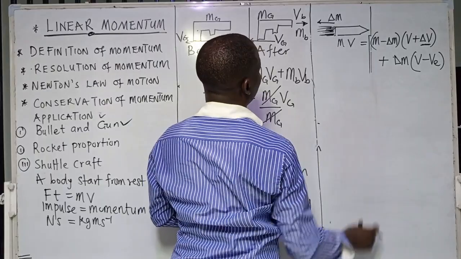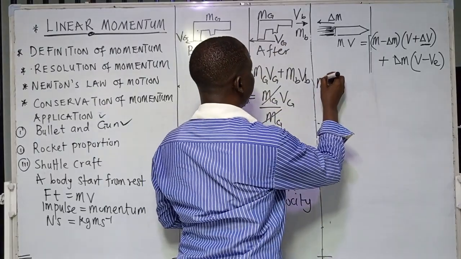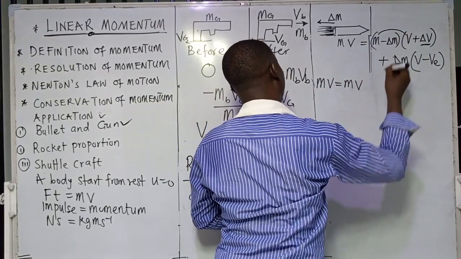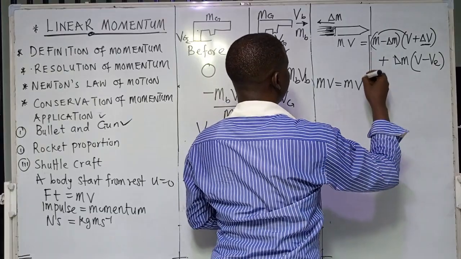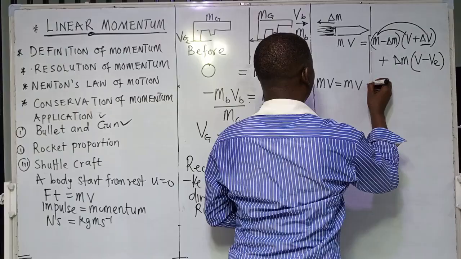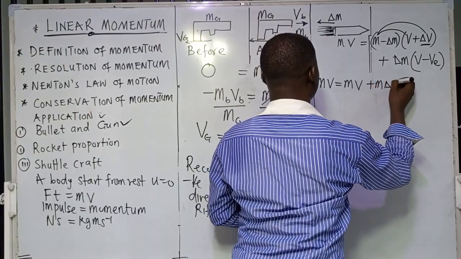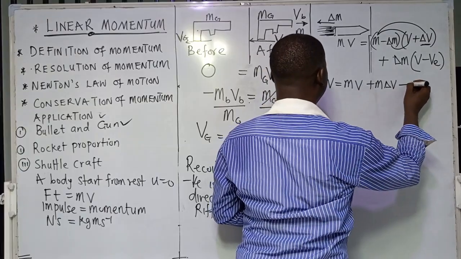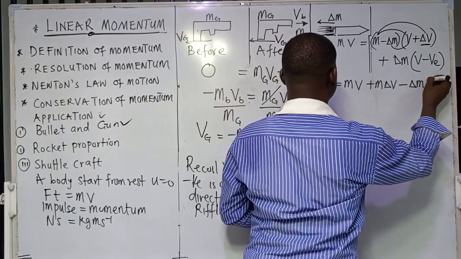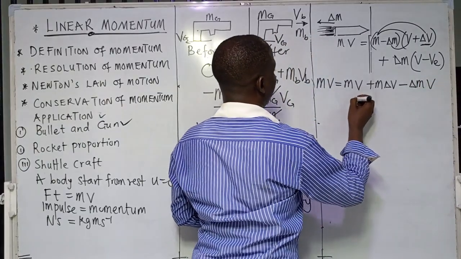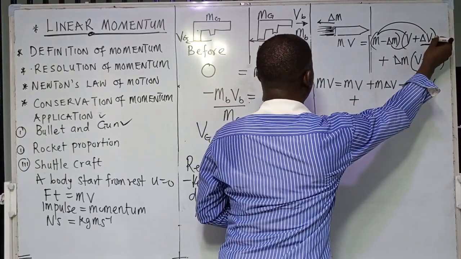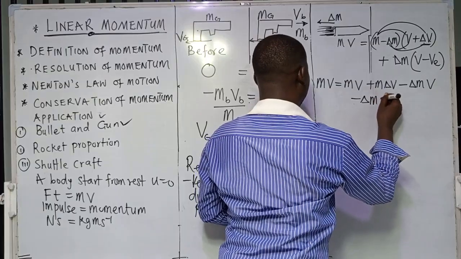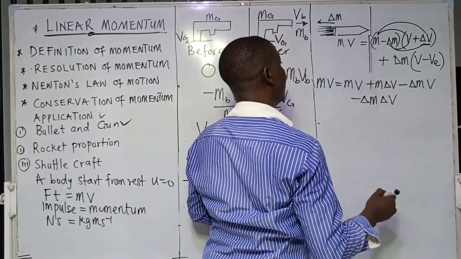So now, if we open up the bracket, we would have mv is equal to what? mv, this one multiplied by this, then this one will be plus m change in v. Then this one will give us minus change in mass times v, plus this one times this will give us minus change in mass times change in velocity.